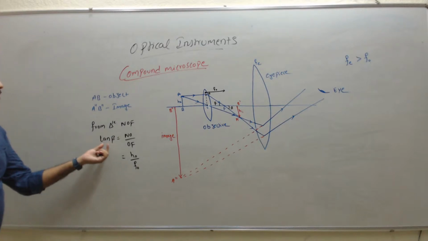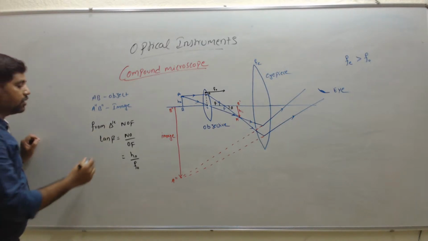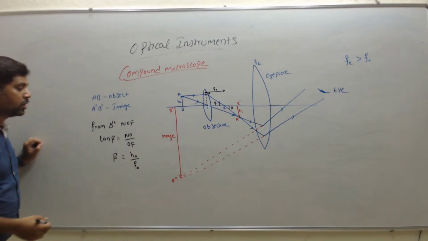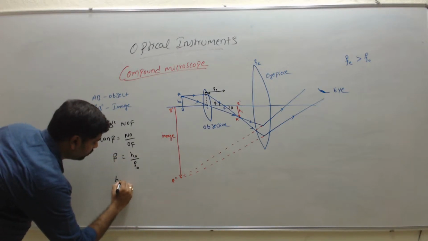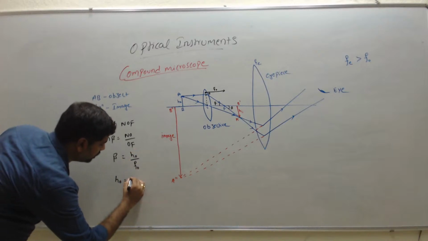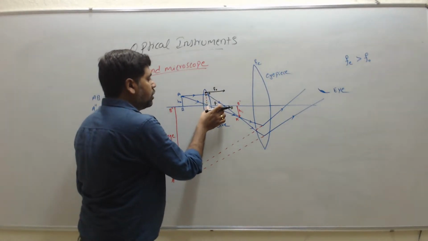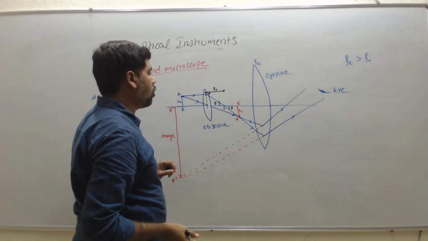If we consider the angles to be small, then beta is equal to H naught by F naught, so H naught, the height of the object, is equal to F naught into beta. So this one is the focal length of the objective.